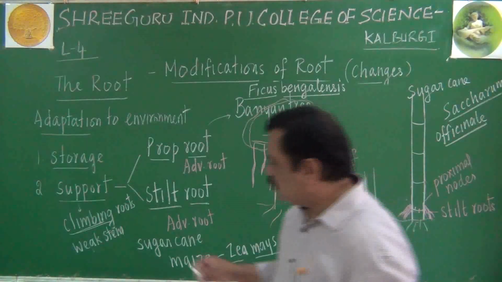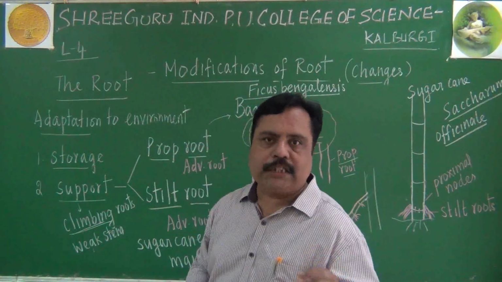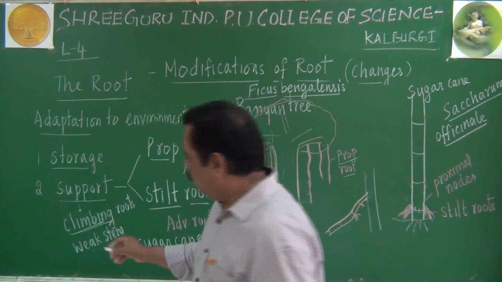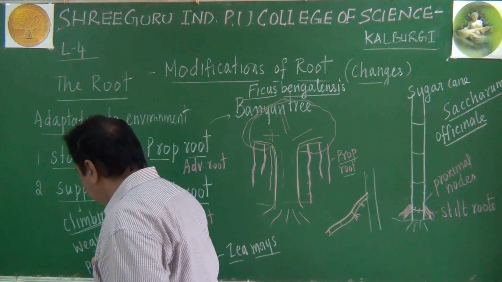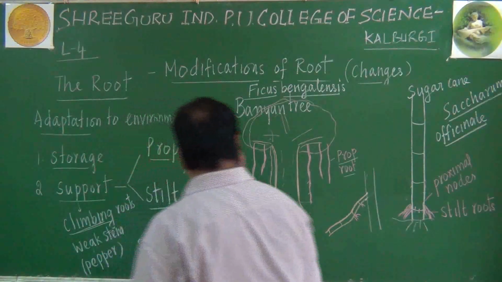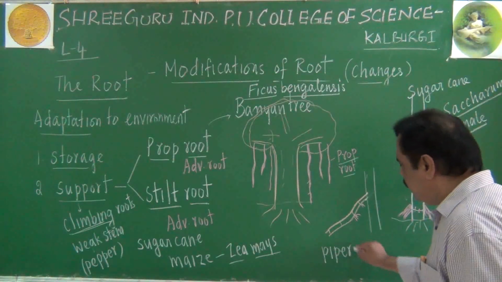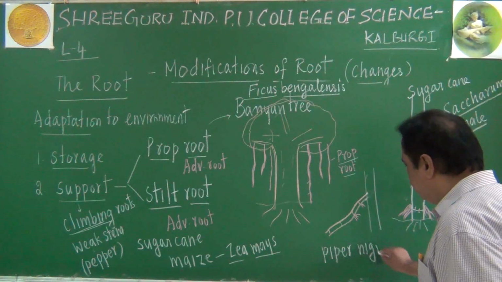So climbing roots can be found in weak stemmed plants like jasmine also, even in pepper also. So pepper, Piper nigrum is the biological name for this. Okay, Piper nigrum it can be called.